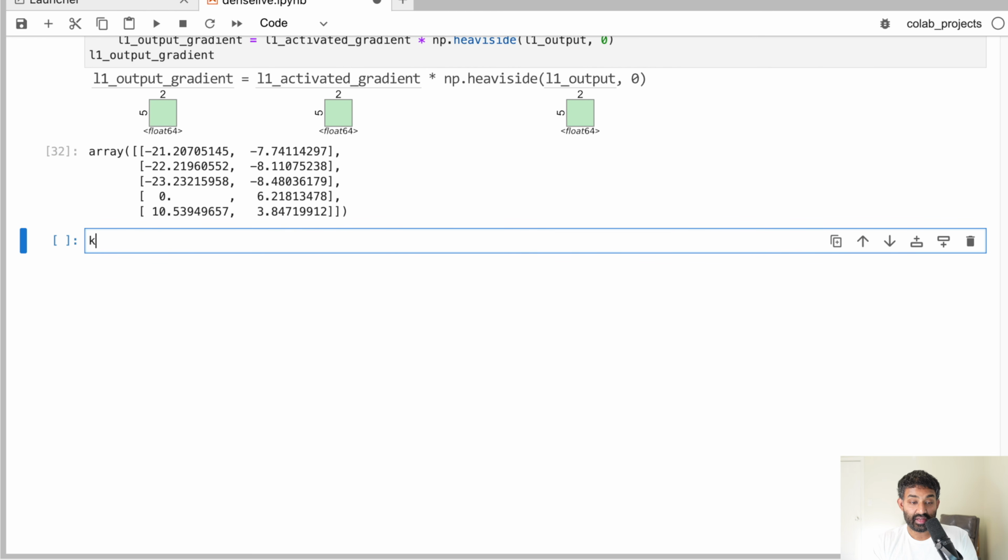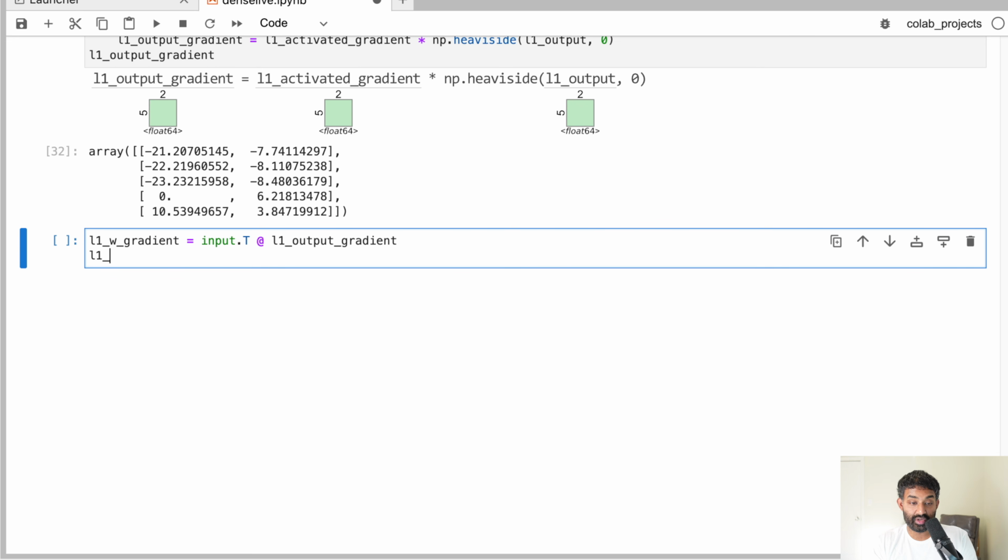Then we can calculate the layer 1 weight gradient, same way that we calculated the layer 2 weight gradient. We just take the input to layer 1, which is just the input, we transpose it, and we multiply it by the layer 1 output gradient. And then we do the same thing with the bias gradient that we did earlier.